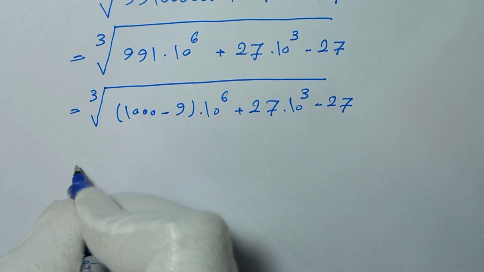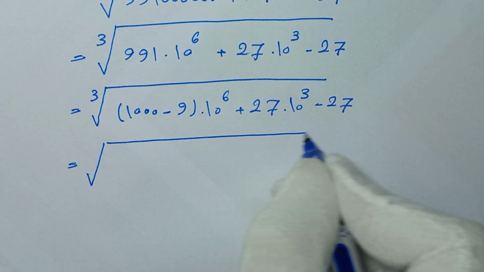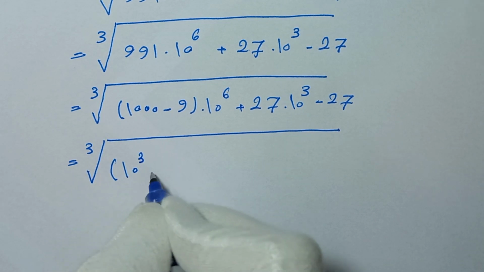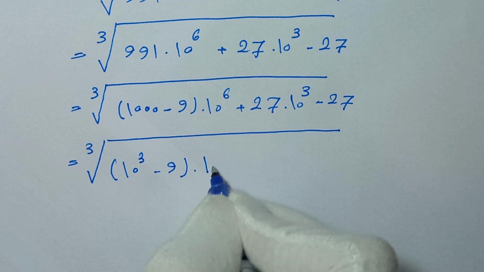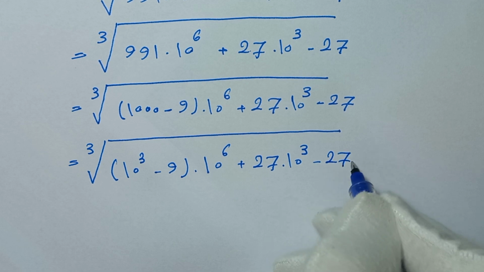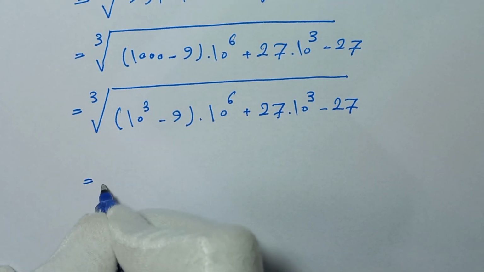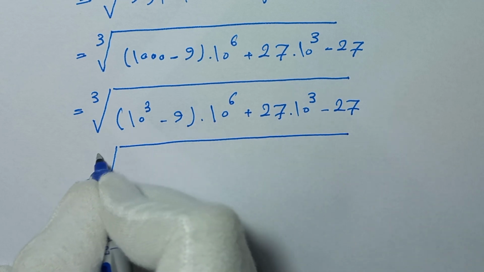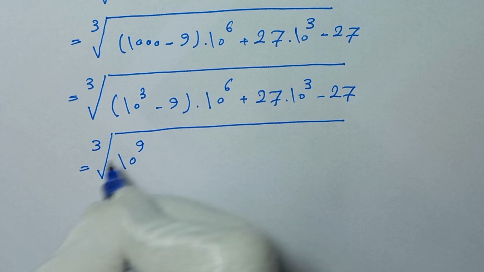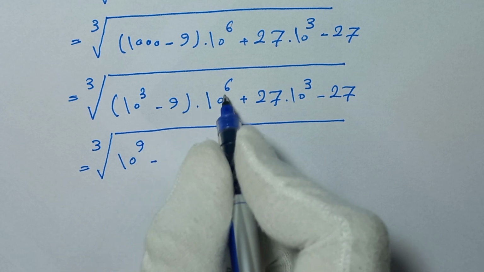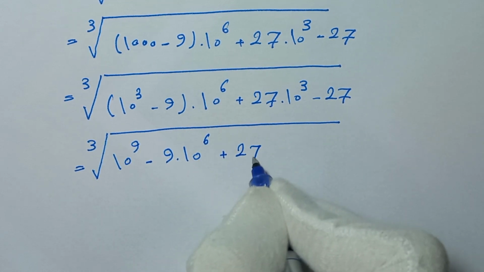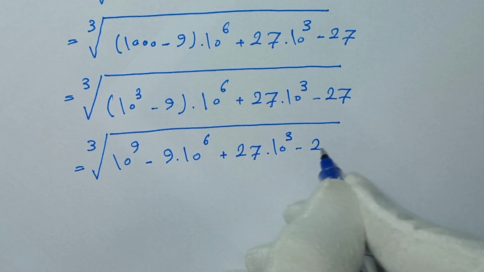We can write this 1000 as 10 to the power of 3, so 10 to the power of 3 times 10 to the power of 6 is 10 to the power of 9, minus 9 times 10 to the power of 6, plus 27 times 10 to the power of 3, minus 27.